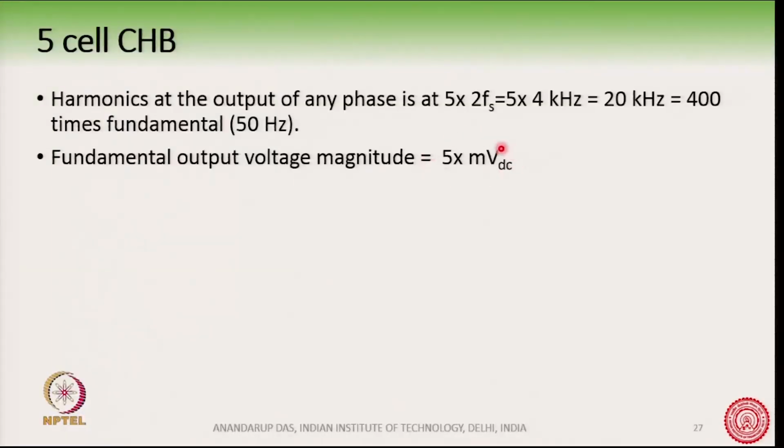So, of course, the output voltage is very close to a sine wave. We will see one example. From the harmonic point of view, this is very much advantageous, and of course, the fundamental output voltage magnitude, because it is serially connected, the fundamentals get added, and so the output from the 5 cell CHB will be 5 times MVDC, where MVDC is the output of one cell.